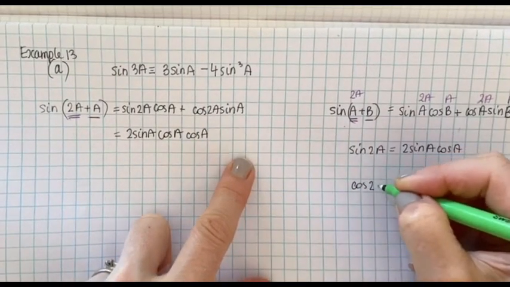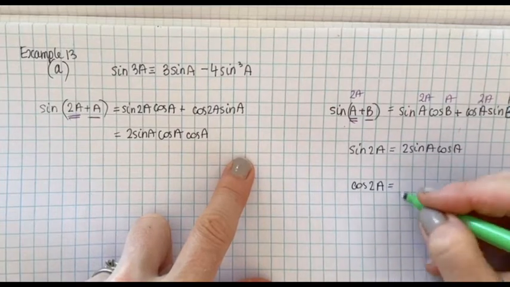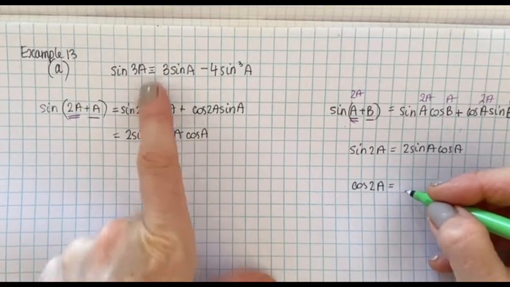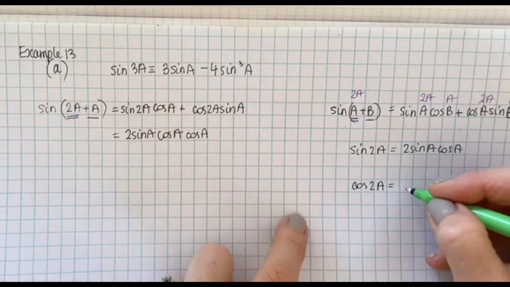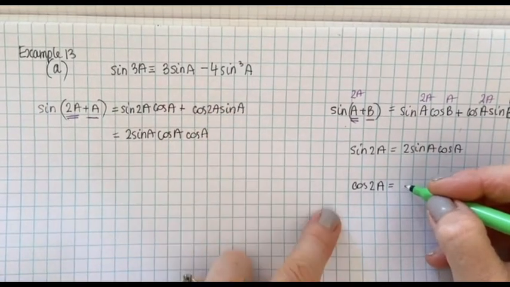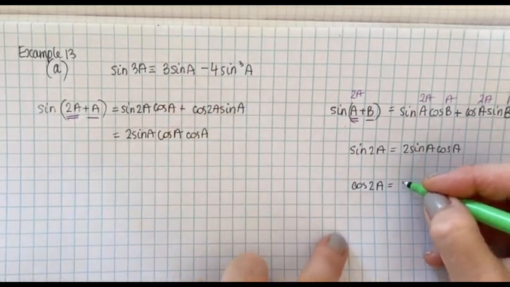I would advise you to, well, any of them would do, any of the three that you should know, but I think it is advisable to use the one that utilizes sine A, as we want just sine A in our answers.